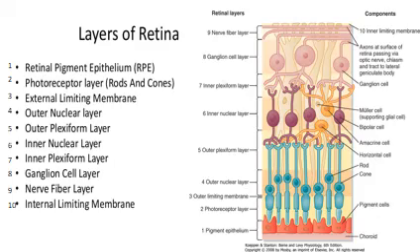We have the inner nuclear layer, and the seventh is the inner plexiform layer, and then we come to the ganglion cell layer, and then the nerve fiber layer, and lastly the internal limiting membrane. So these are the 10 layers of the retina which play a very important role in vision.